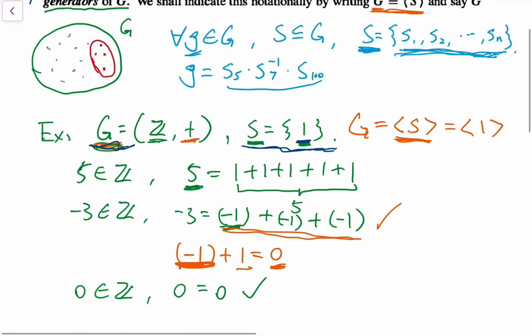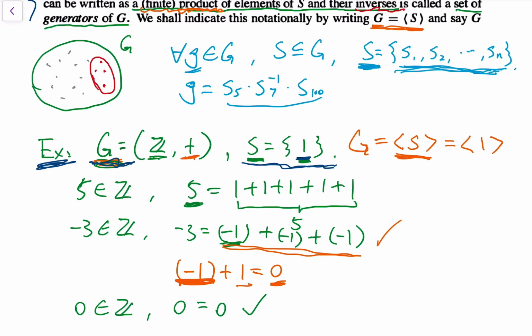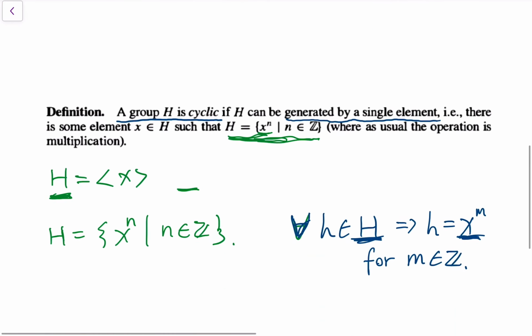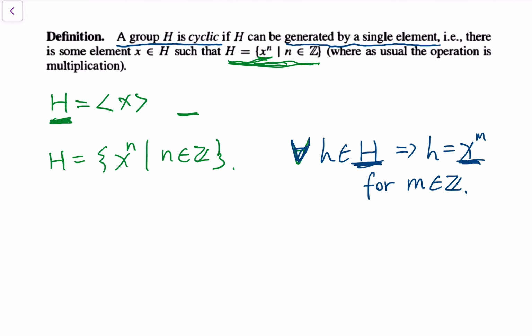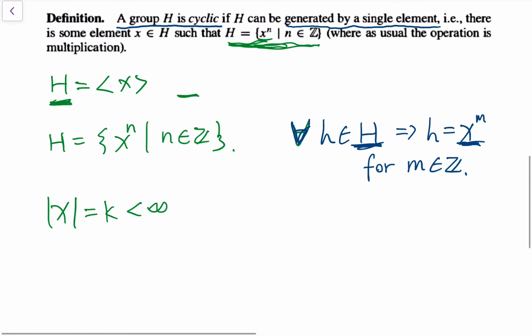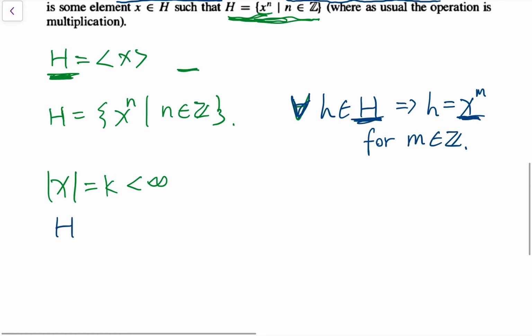For example, in this example we can see that the group G is an infinite group because it contains infinitely many elements, because there are infinitely many integers. But if the generator x has finite order k, then the group H will be a finite cyclic group, which is a finite group like this.